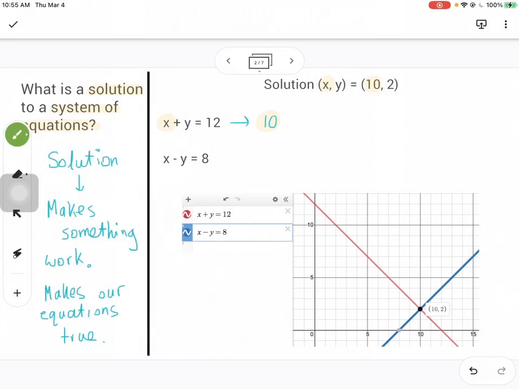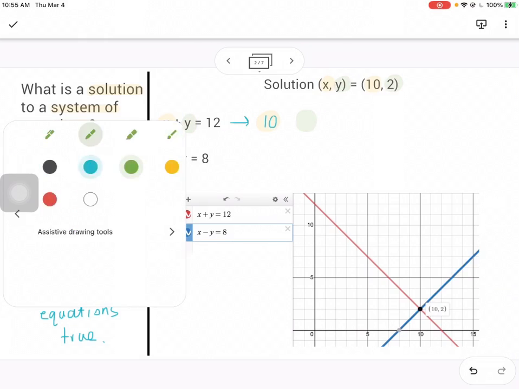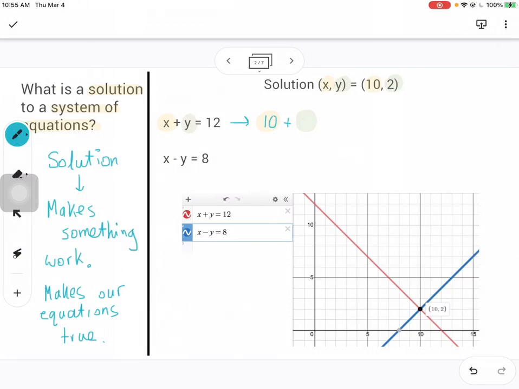And instead of y, I'm going to put 2. Equals 12. Well, let's check and see if this is true. 10 plus 2 equals 12. 12 equals 12. That is true. So (10, 2) is a solution for this equation.